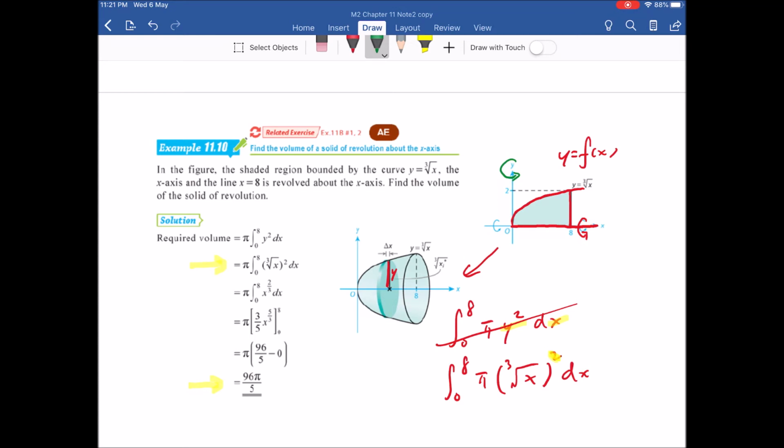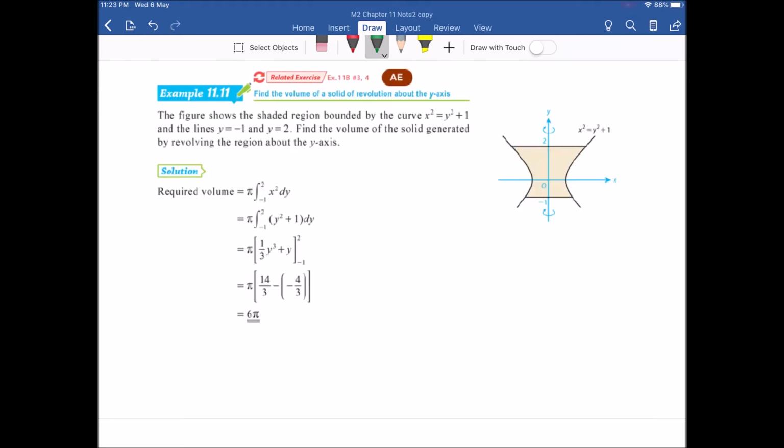I think the shape is something like this. I cannot draw it very well, but it is something like this. So make sure whether it is rotated about the x-axis or the y-axis. It is totally different.